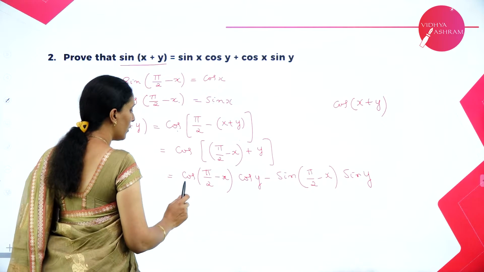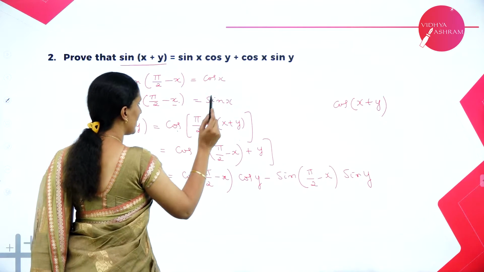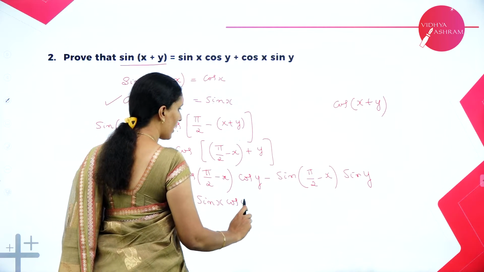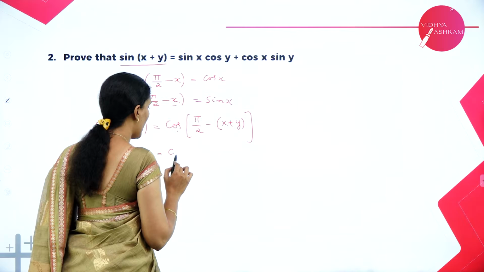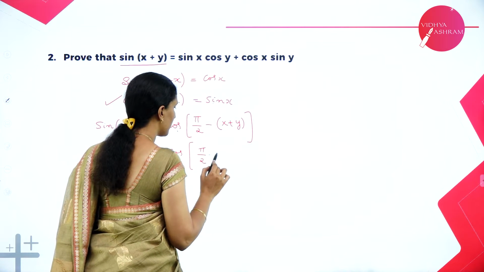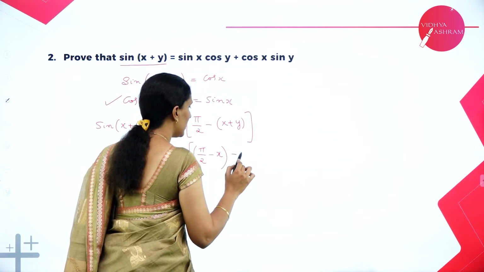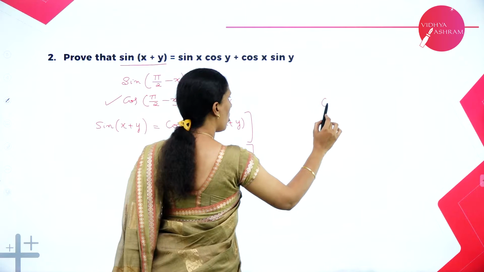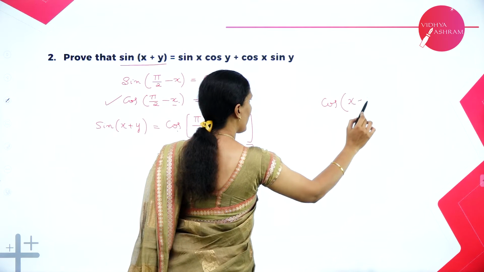So thus here we know that cos(pi by 2 minus x) means sin x. So we'll get this as sin x cos y. Here I'll rearrange the term as cos((pi by 2 minus x) minus y). Now clearly you can observe this is in the form of cos(x minus y).